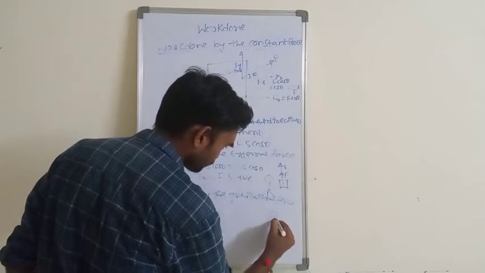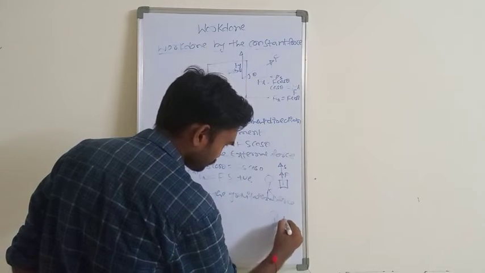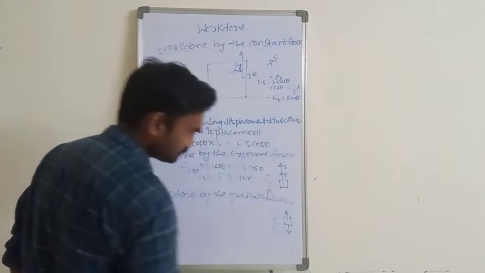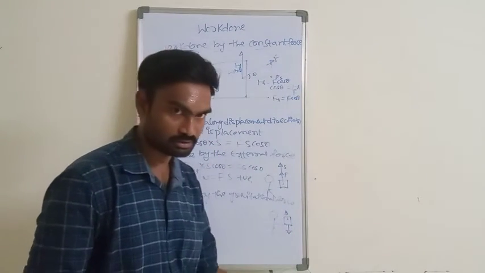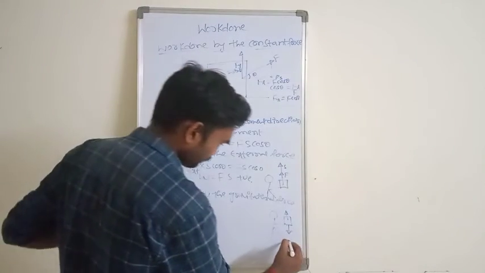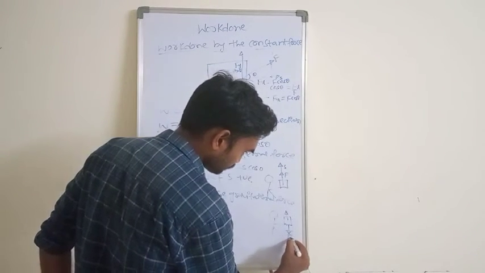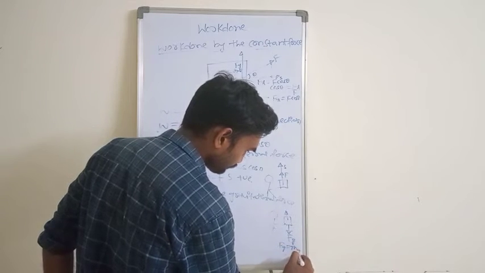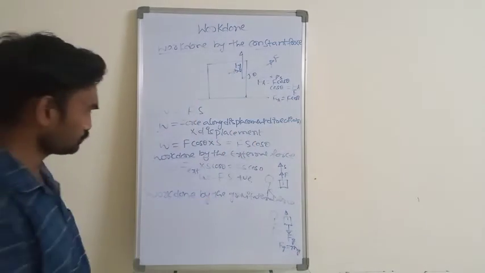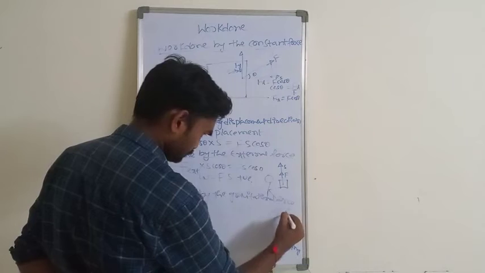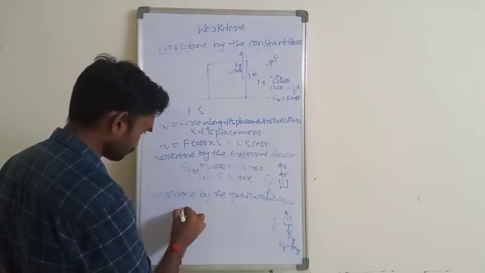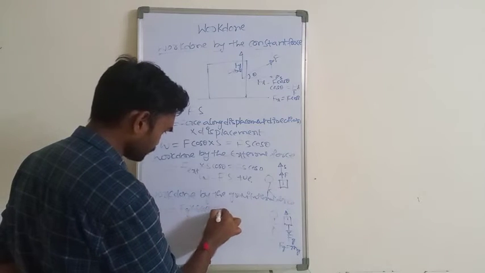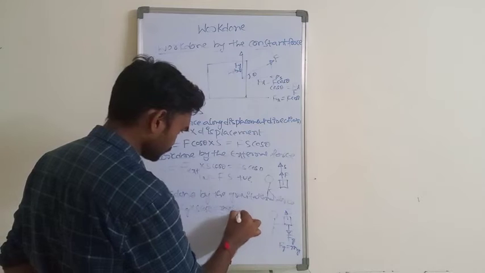Work done by the gravitational force. Here I am lifting this object upward, but the gravitational force is pulling it downward. That is the force due to gravitation, Fg, and Fg is equal to mg. We apply the formula: work done is equal to Fg s cos theta, where Fg is mg.